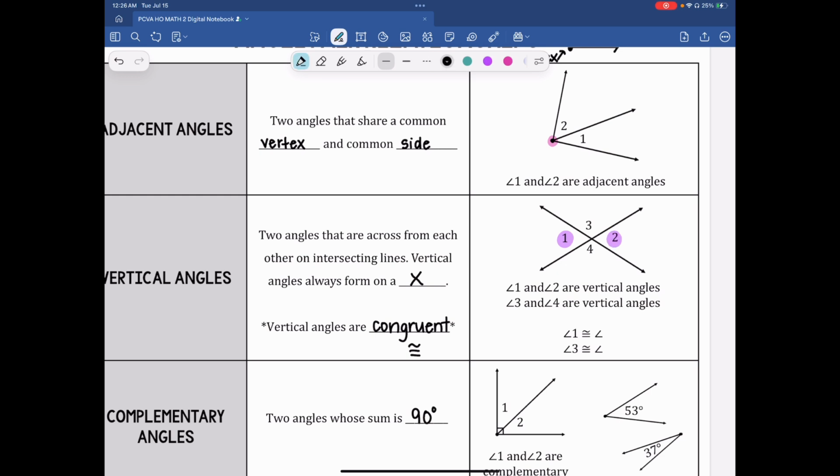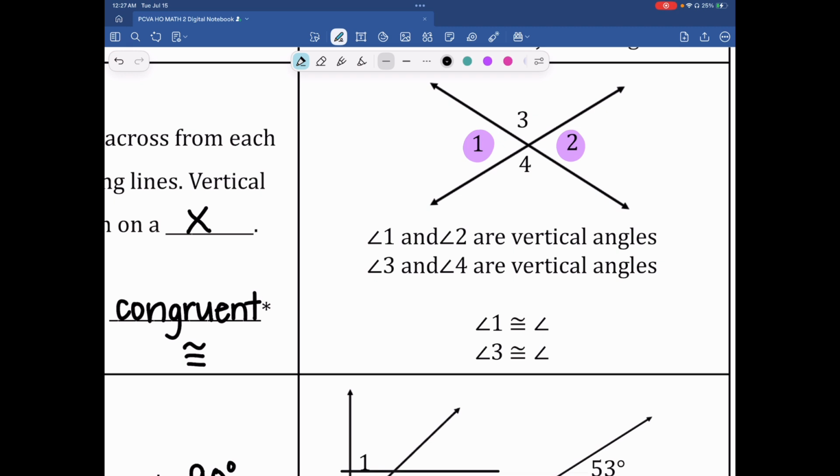Those are congruent angles, so the measurement of angle 1 is congruent to the measurement of angle 2. Let's say angle 1 was 60 degrees. That means angle 2 would also be 60 degrees. And then angle 3 and angle 4 are vertical angles. They're opposite of each other, so angle 3 is congruent to angle 4.